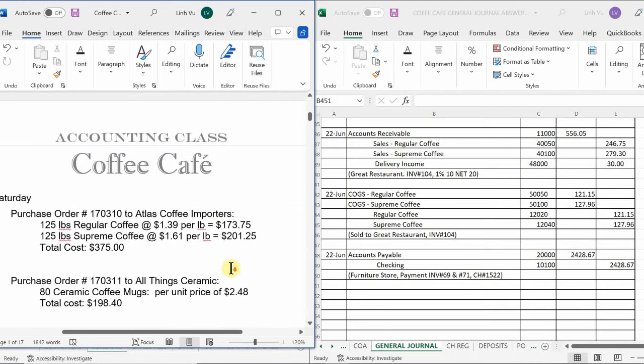Let's see what's next. So in this case, we got to do a couple purchase orders here. Okay, we got to order some more coffee, this time at $375. And then we're going to make another purchase order for 80 more ceramic coffee mugs.